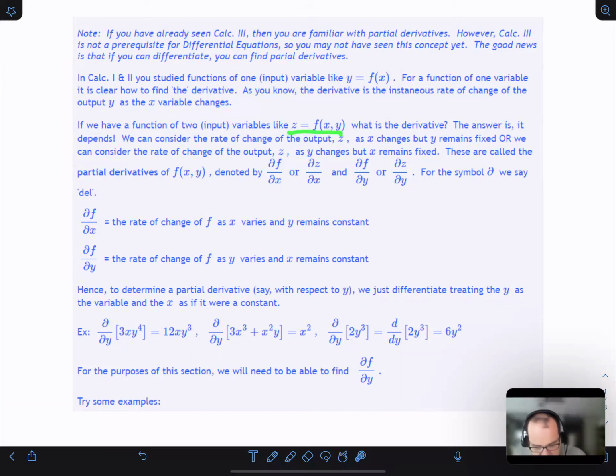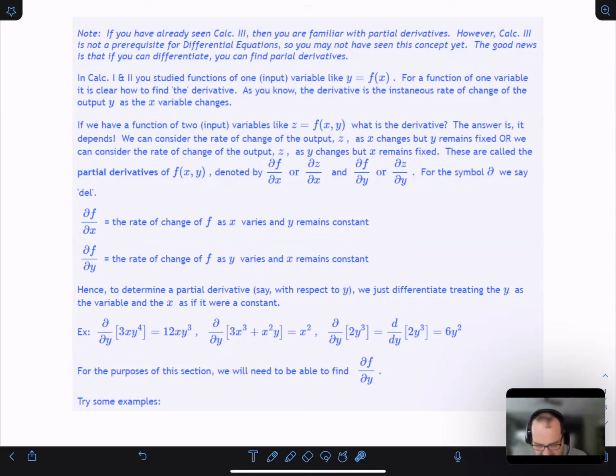We now, at times in our work here in differential equations, are interested in a function of two variables, z equals f of x, y. So what does it mean to talk about the derivative of such a thing? And the answer is, it depends. There is more than one derivative. The idea again is, a derivative is the rate of change of the output as the input changes. Here, we can have different inputs changing.